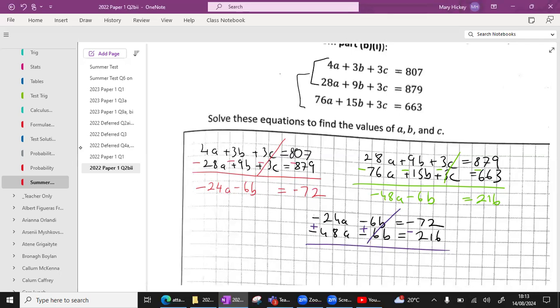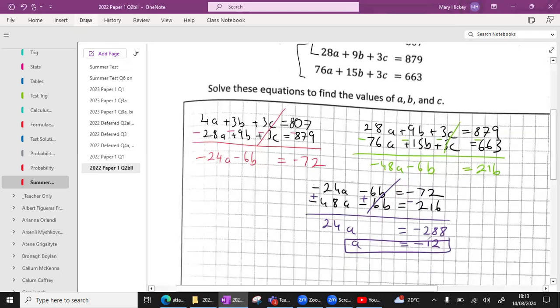So I have minus 24 plus 48, which is 24a, and I have minus 72 minus 216, so that's minus 288. And when I divide the 24 in there, I get minus 12 as my first answer.